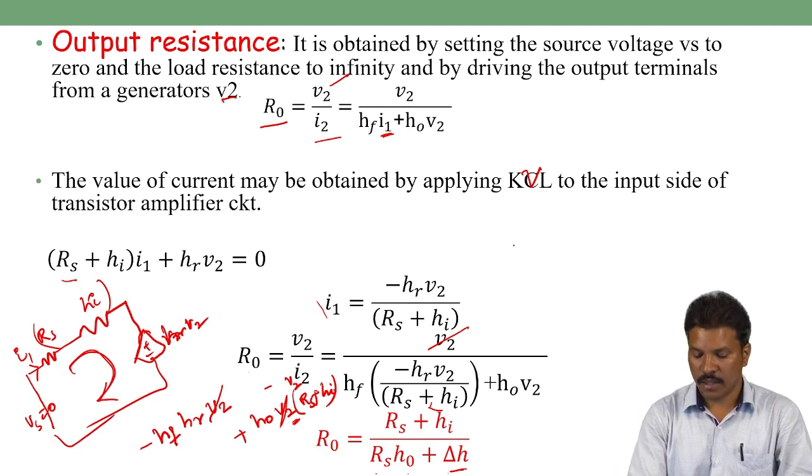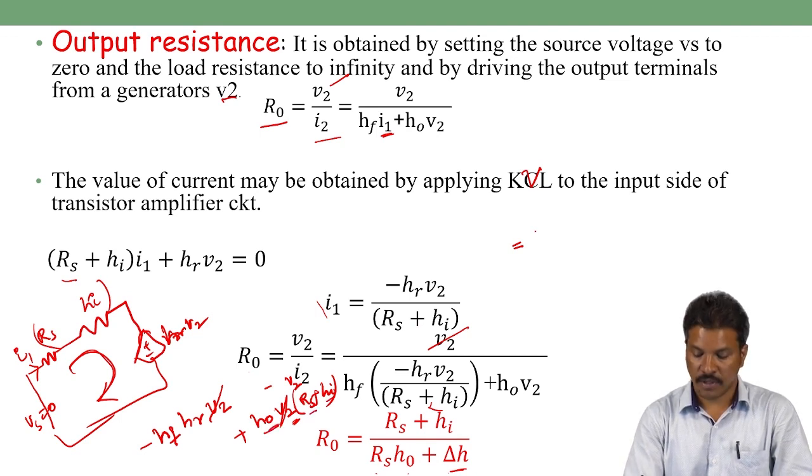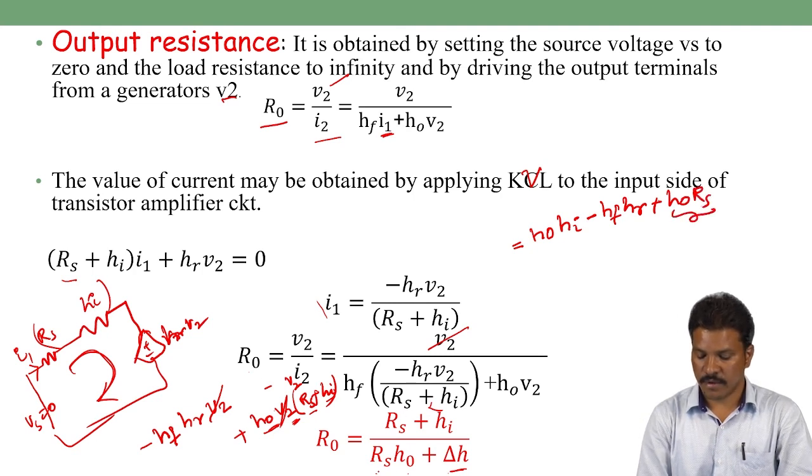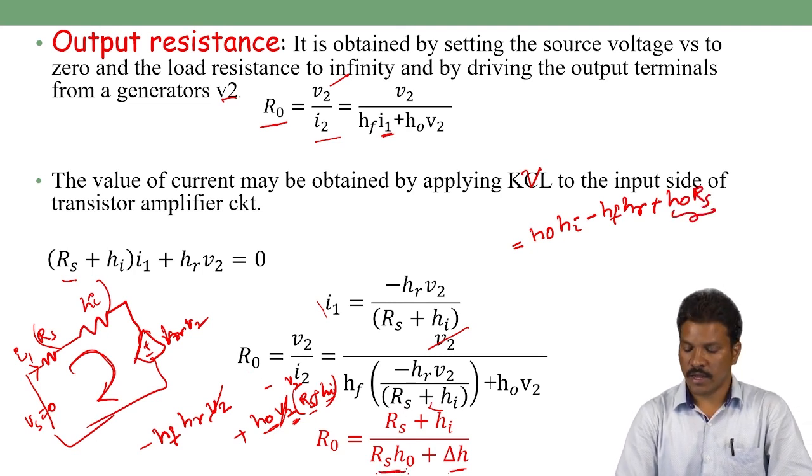And then in the denominator we have the terms ho Rs, ho hi. So ho hi minus hf hr plus ho Rs. This is the first term in the denominator, and then this is delta h.